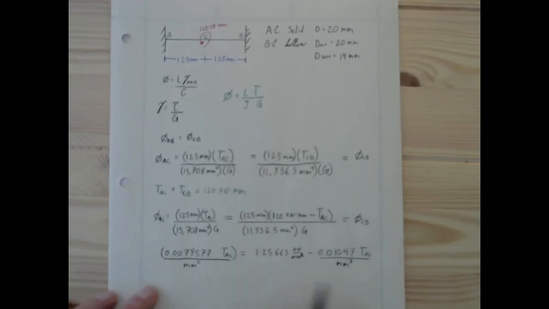So we can simplify this further. Now we've got just this one equation with the torque from A to C, and we're going to obtain that from A to C, the torque is going to be 1.25665 divided by 0.01843.